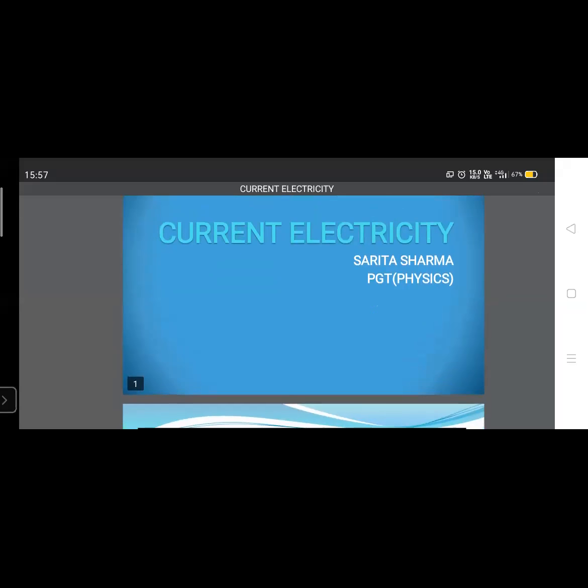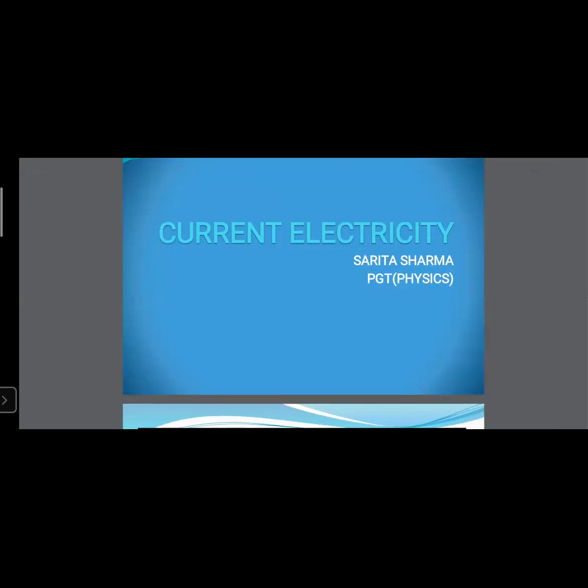Suppose two conductors charged to different potentials are supported on an insulating stand.